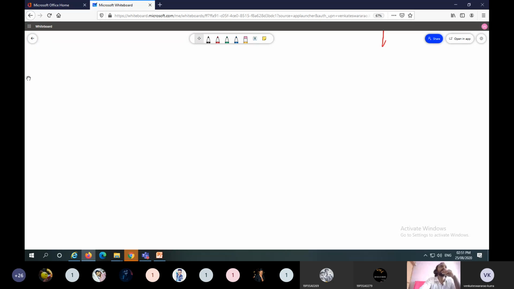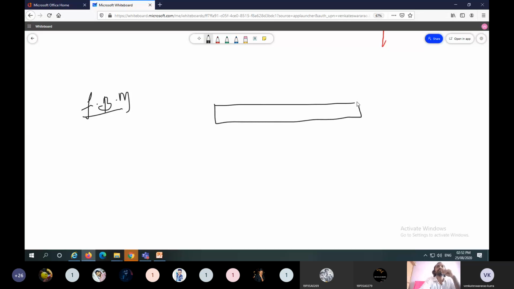Next, coming to forward blocking mode. This one is P, N, P, N. This one is minus, this one is plus.